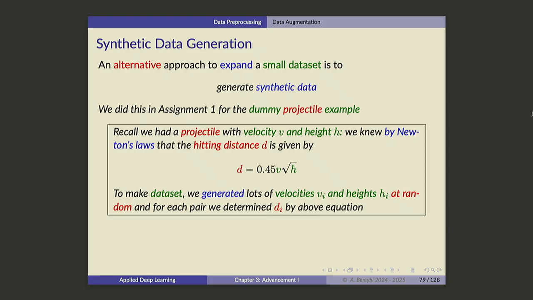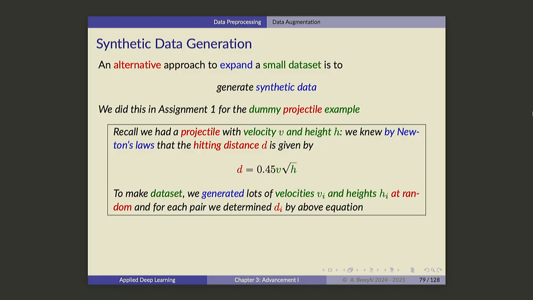You just made them positive because they're supposed to be positive, right? And then after that, you just computed the label D with this function because you knew that V, H, and D are related in this form, right? So you got your random V and H generated. You passed it through the process, this Newton law, and then you ended up with your label, right?